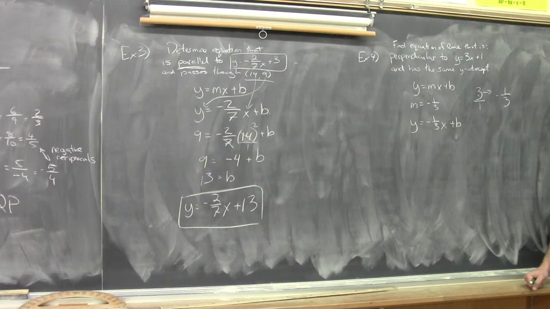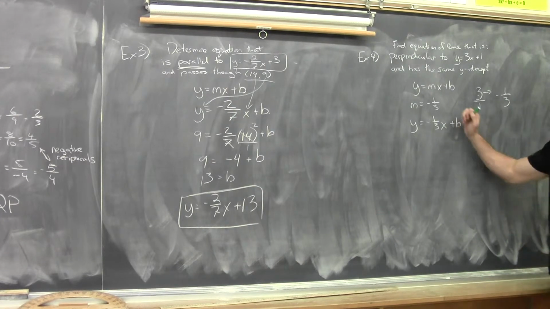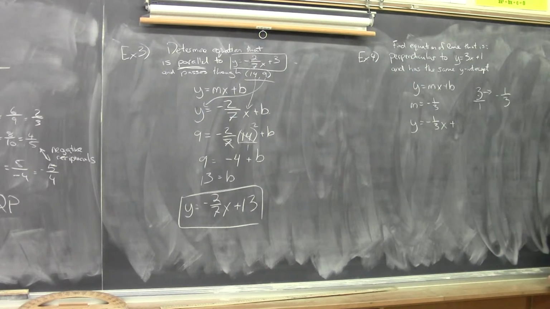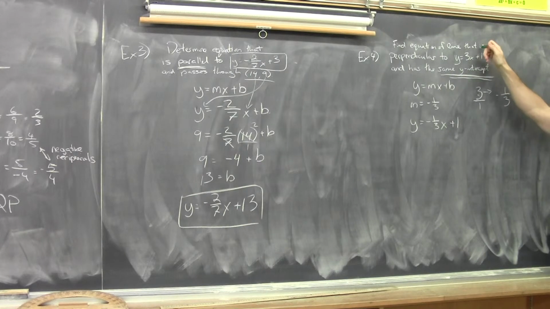Find the equation that is perpendicular to y equals 3x plus 1 and has the same y-intercept. So what's b? 1. Thank you. So there you go. It's not always that hard when I ask the question. If you're listening, it's easy, right? It says the same y-intercept, the same one. Well, what's the y-intercept? It's right here, okay?